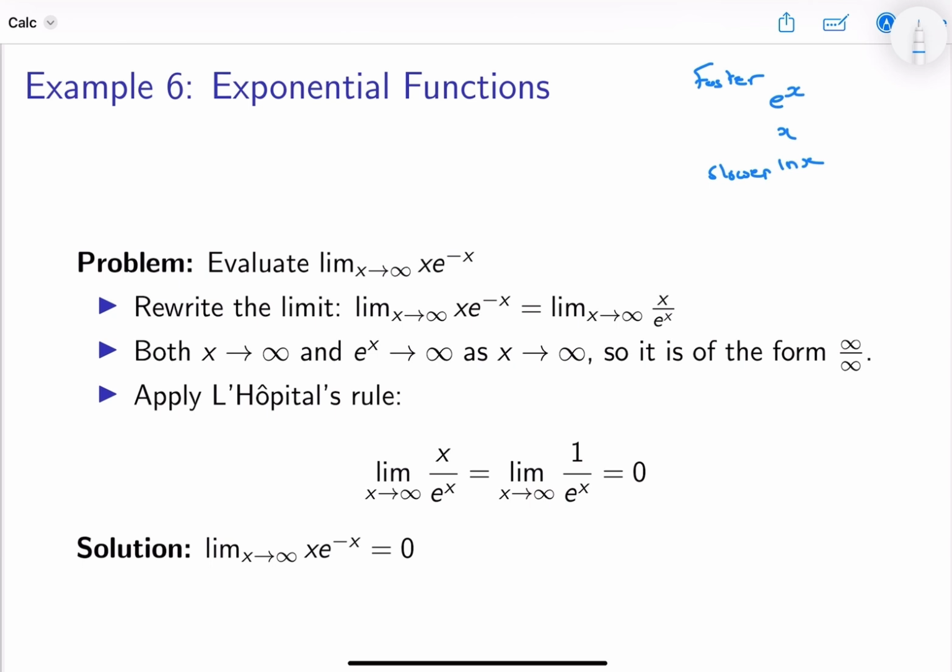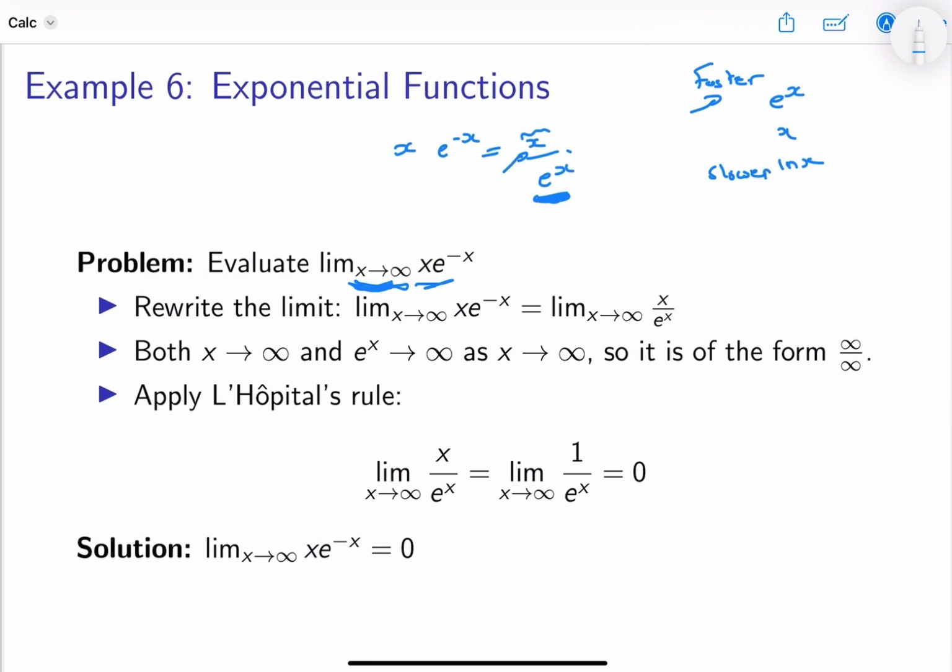If you look at this, we have x e^(-x), which is x over e^x, as x goes to infinity. You see e^x goes to infinity as x goes to infinity, and x also goes to infinity. However, e^x goes faster, and since e^x goes faster, it's going to beat this and make it 0.